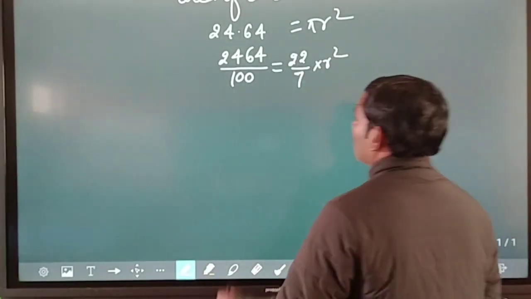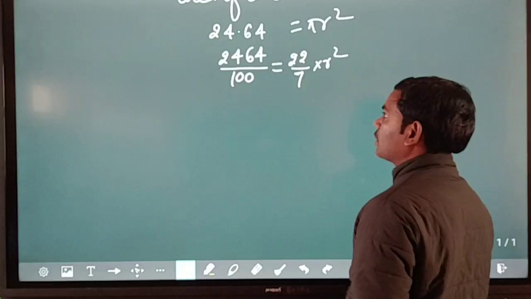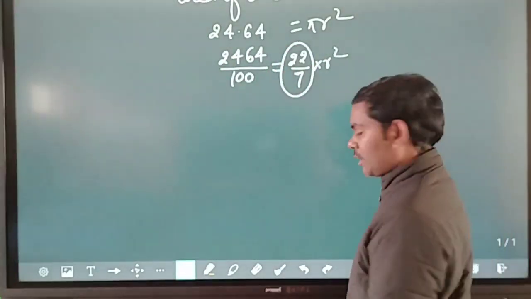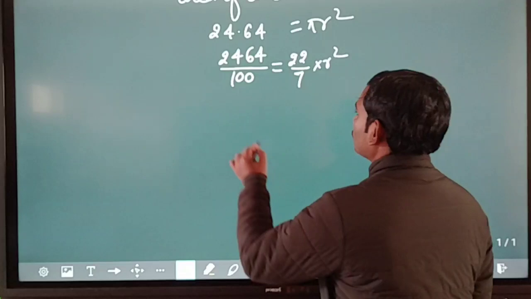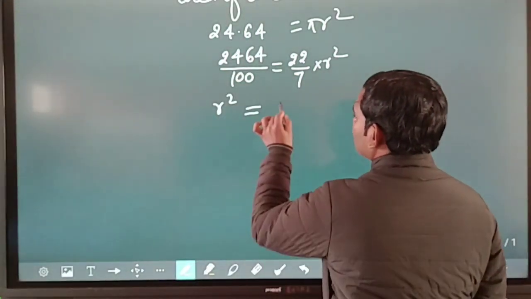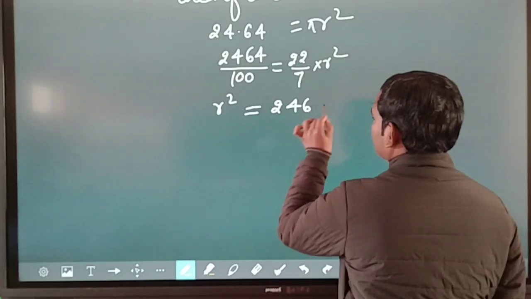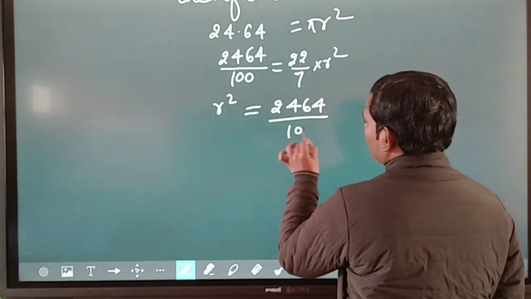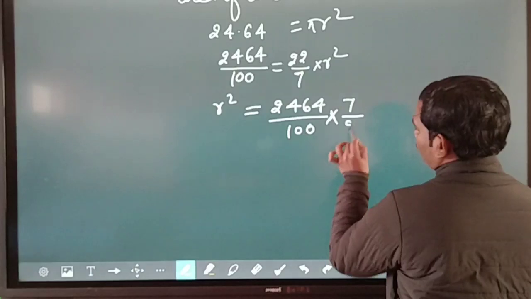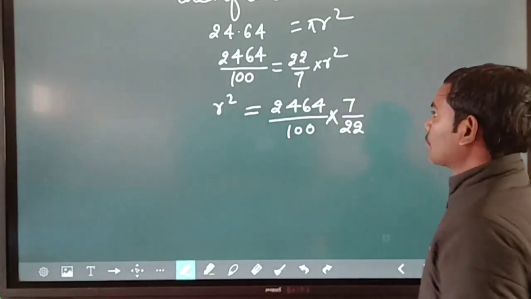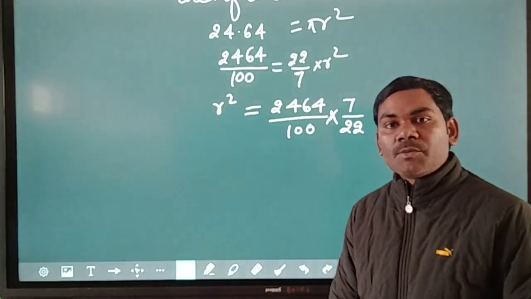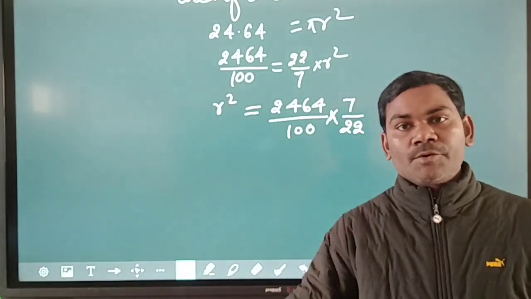In order to find the radius, we need to transfer this quantity to the left hand side. So we write r square is equal to 2464 upon 100 into 7 upon 22. When a fraction goes to the other side, numerator becomes denominator and denominator becomes numerator.